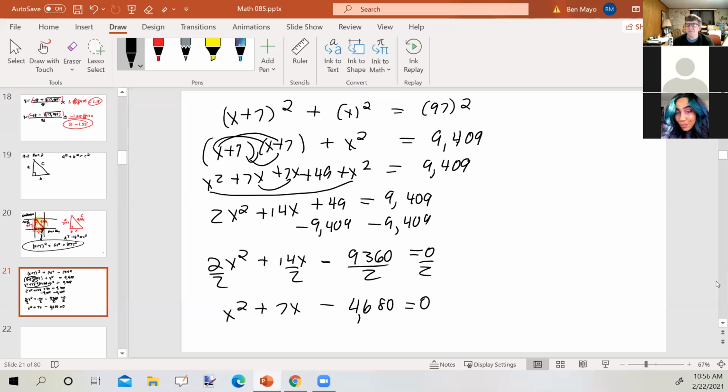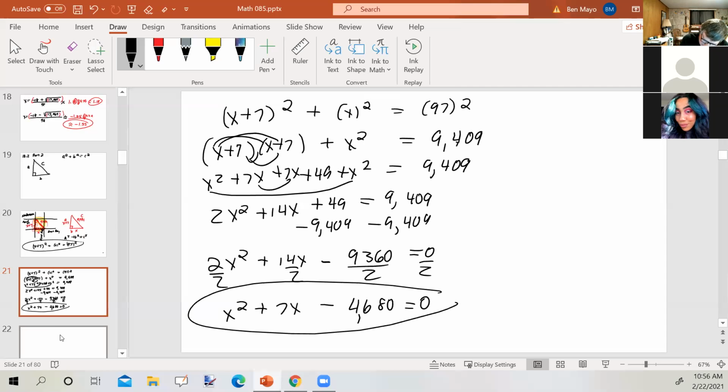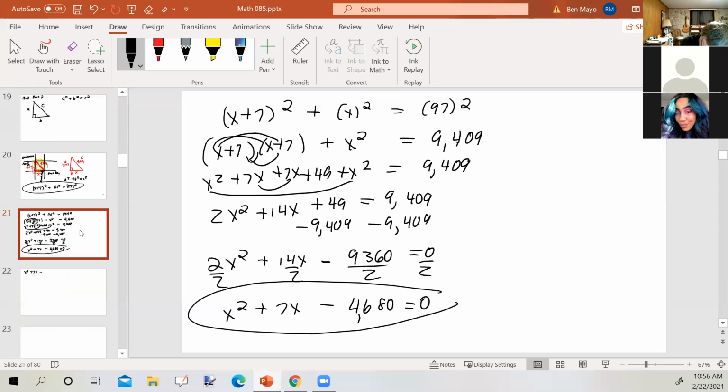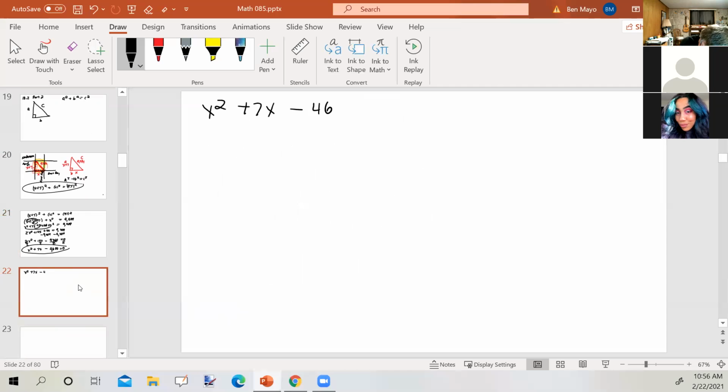Okay, now I'm going to go to the next screen and recopy that: x² + 7x - 4,680 = 0. And now I'm ready to put it into the quadratic formula. A is 1, B is 7, C is negative 4,680. Any questions before I go on? Do you need to look at any of the previous pages?